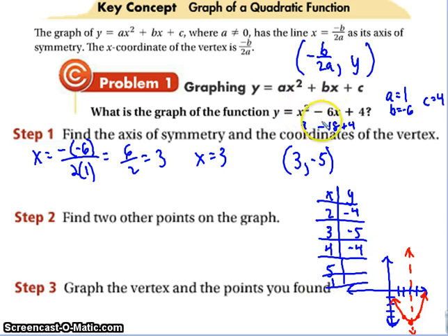If I plug in 1, 1 squared is 1, minus 6 is negative 5, so that would give me negative 1 for both of these. Then I would graph those, and I would get there and right here. So my graph is a little bit off, but it's not too bad. So we're using the axis of symmetry found by taking negative b over 2a in order to find the vertex, and then we're picking 2 numbers to the right and 2 numbers to the left, and we're graphing it.